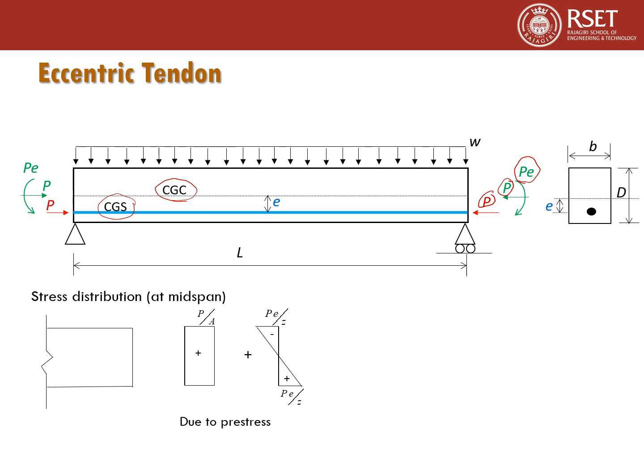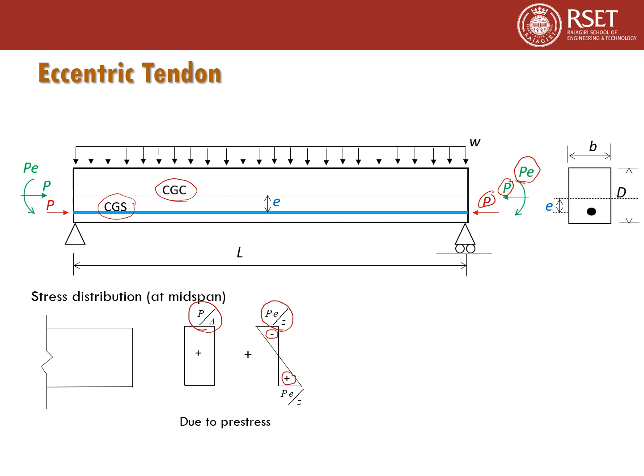Due to the axial force, the stress will be P by A, and due to the hogging moment, the stress will be PE by Z, that is, PE is the moment, so M by Z. And it is a hogging moment because the cable is located at a distance E towards the bottom of the member. So this causes a hogging moment in the member. Hogging moment causes tension at the top, so at the top it will be minus and plus will be at the bottom. Here minus represents tension and plus represents compression. And these are the stresses just due to the pre-stress.